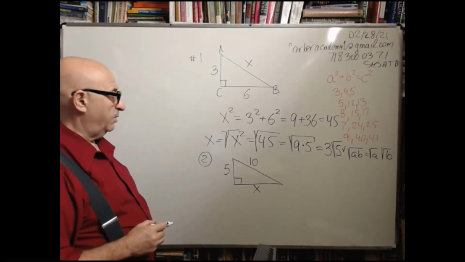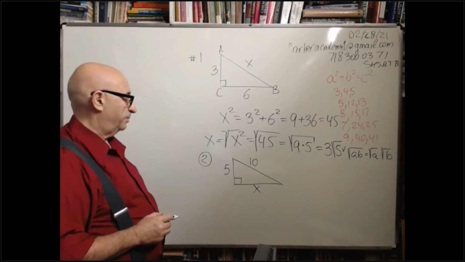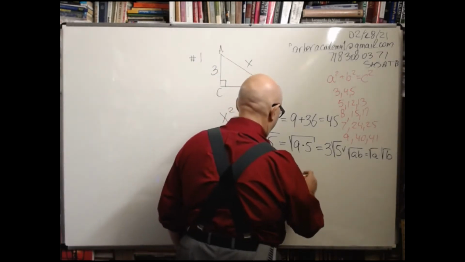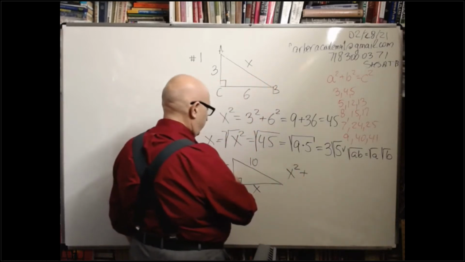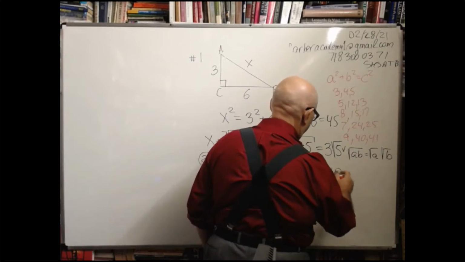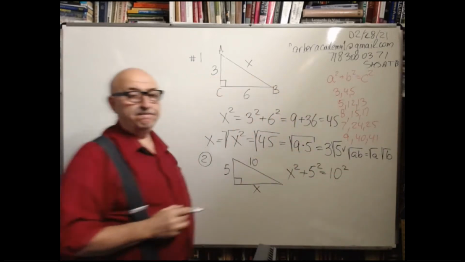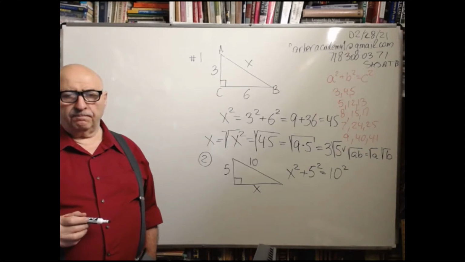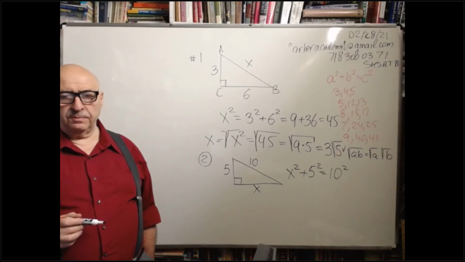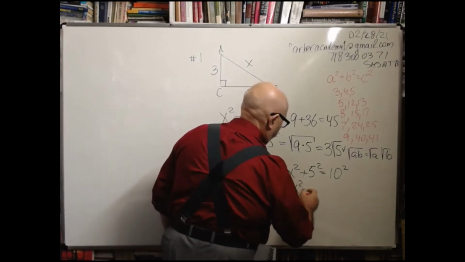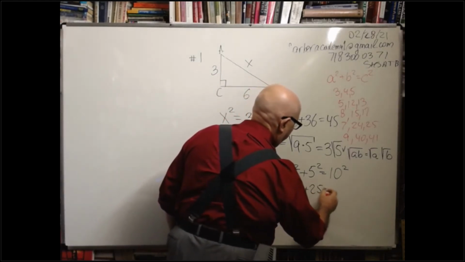According to the Pythagorean theorem, x squared plus 5 squared equals 10 squared. So far, so good? No questions? Keep doing. x squared plus 25 equals 100.